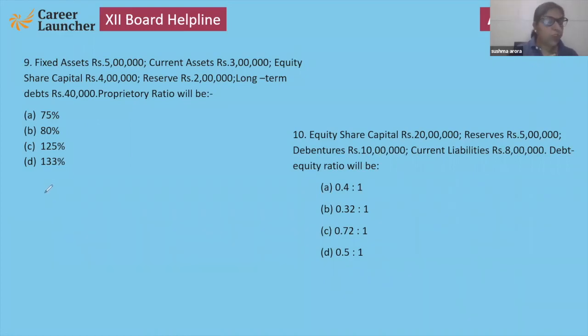First of all, we have to calculate shareholders' funds. Here I am giving you the clue: share capital plus reserves and surplus. And second thing, total asset, it's very easy: fixed asset plus current asset.